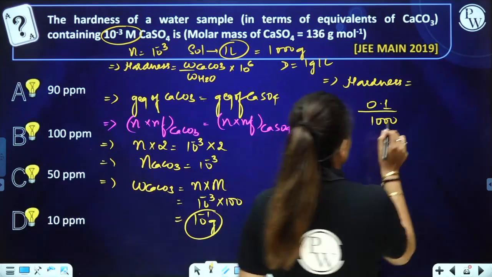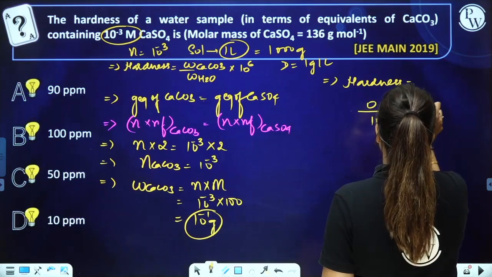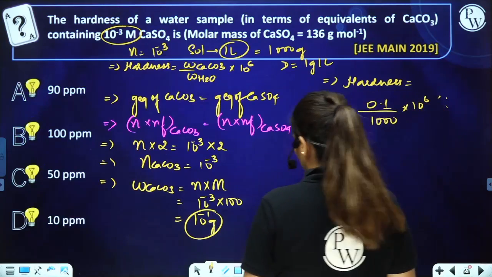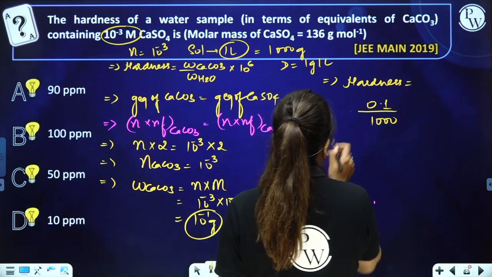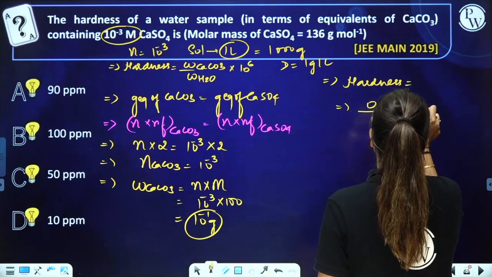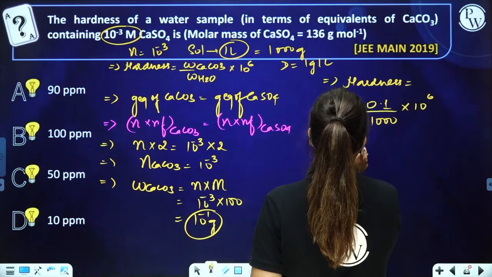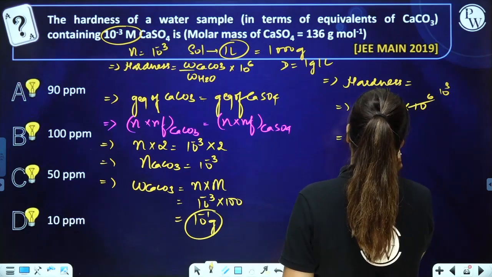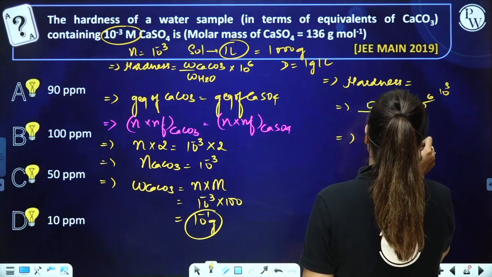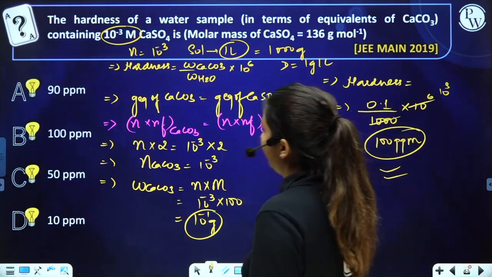So into 10 to the power 6, multiply all of the things present over here. Cancel this as 10 to the power 3. So you have 100 ppm as your answer. 100 ppm will be the answer.